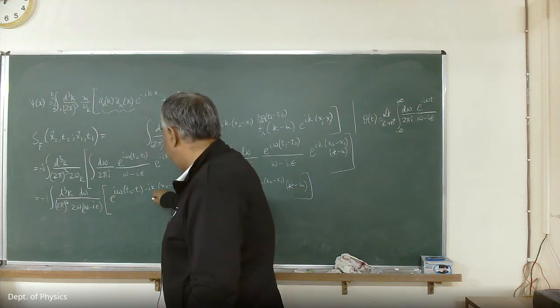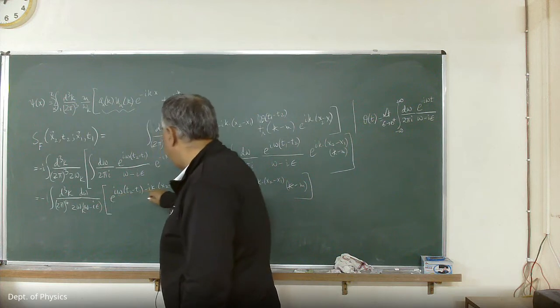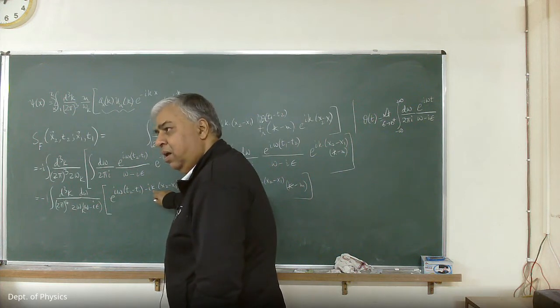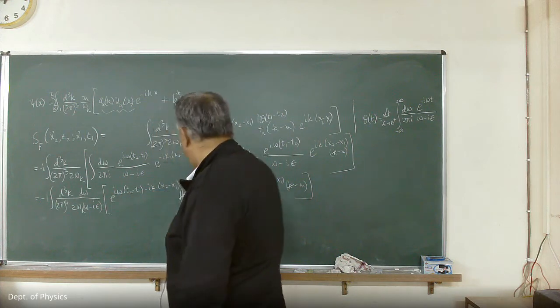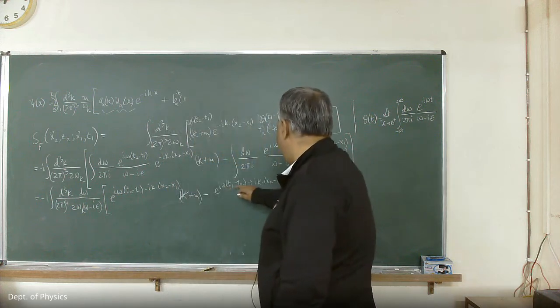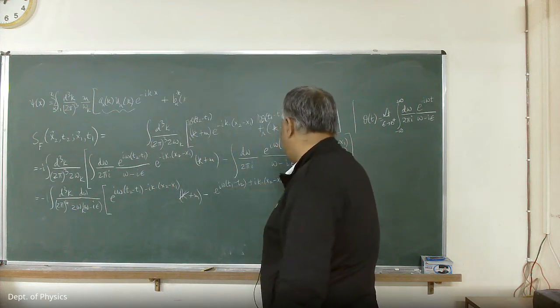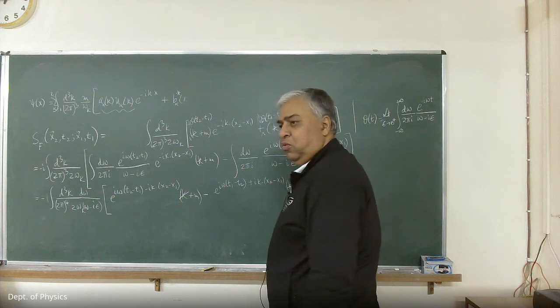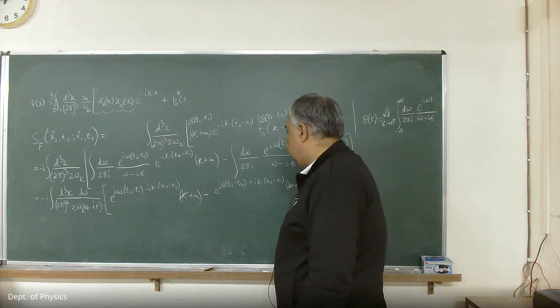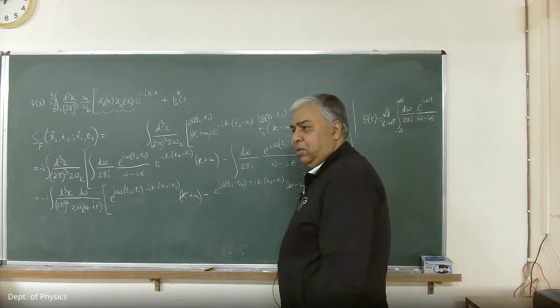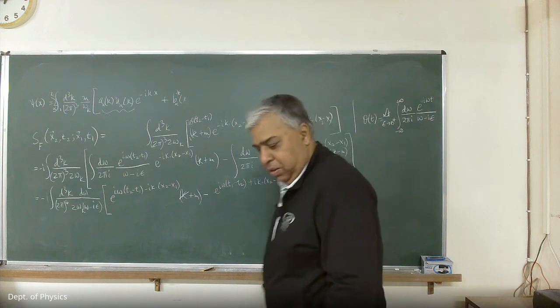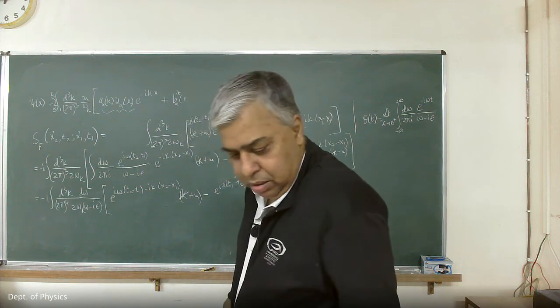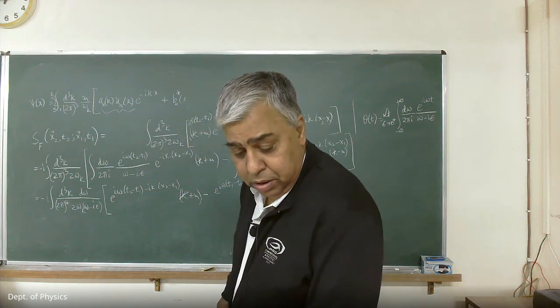Here it will be omega minus omega k, and here it will be omega plus omega k, because I can write this as minus i k dot x1 minus x2. So you can combine all this. I'm skipping some steps; these are straightforward.